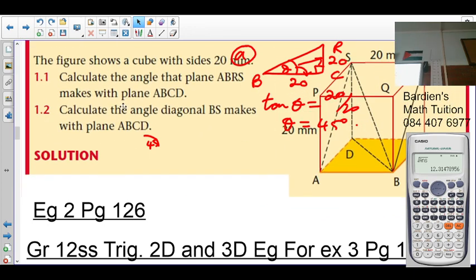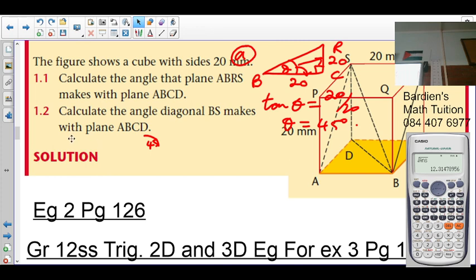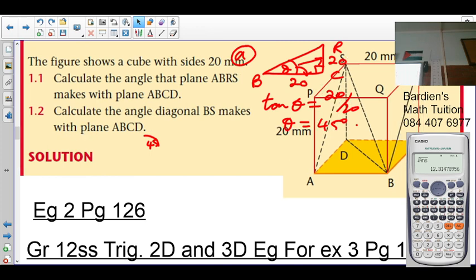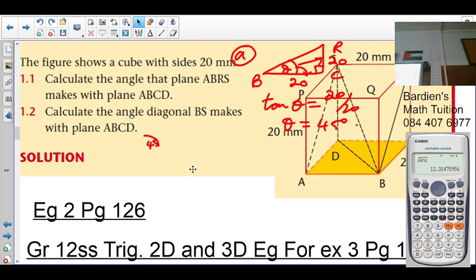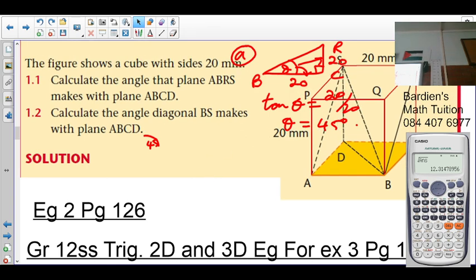Right. Now I'm told, calculate the angle that the diagonal BS makes with plane ABCD. So calculate the angle that BS, where was BS?